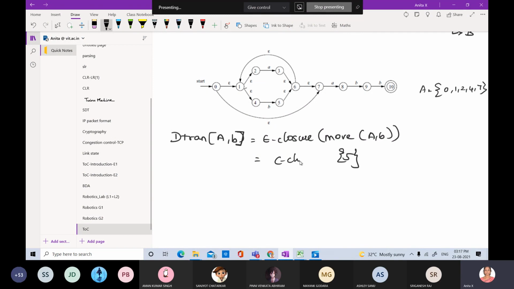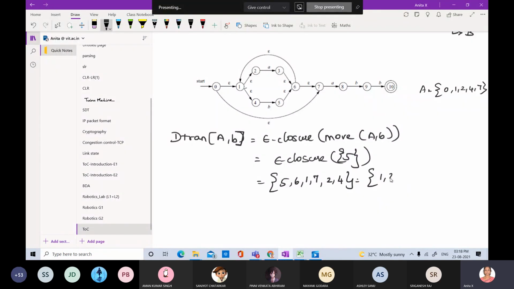Next I have to proceed with finding the epsilon closure of 5. So what is epsilon closure of 5? As said earlier, each and every state is reachable to itself on epsilon transition. So 5 should be included. From 5 I am having a transition to 6. From 6 I am having a transition to 1 and similarly to 7. From 1 I am having transitions to 2 and 4. That's it.